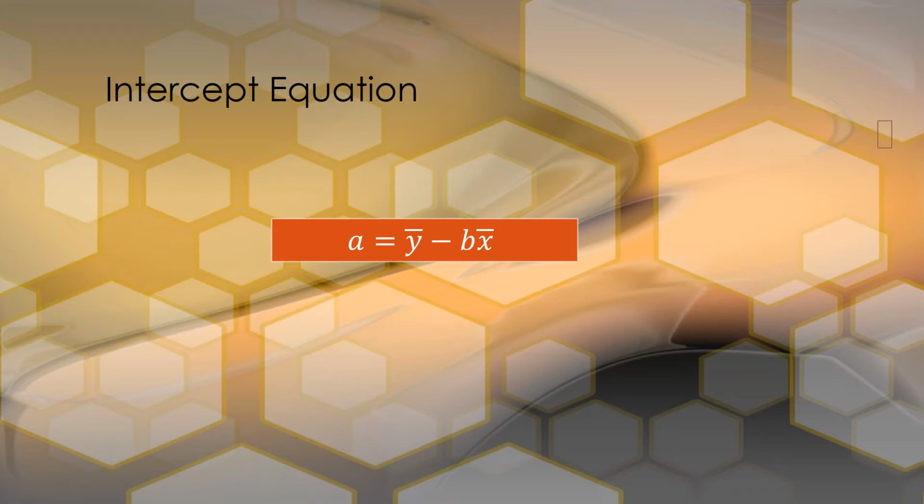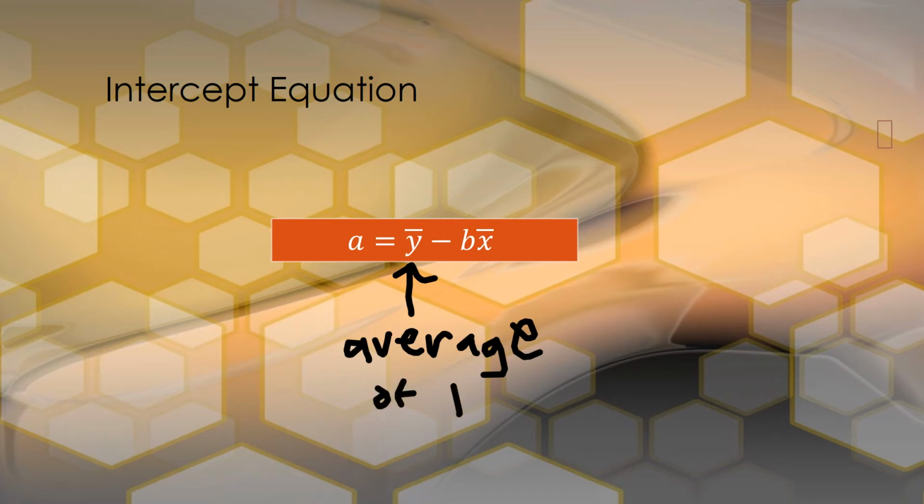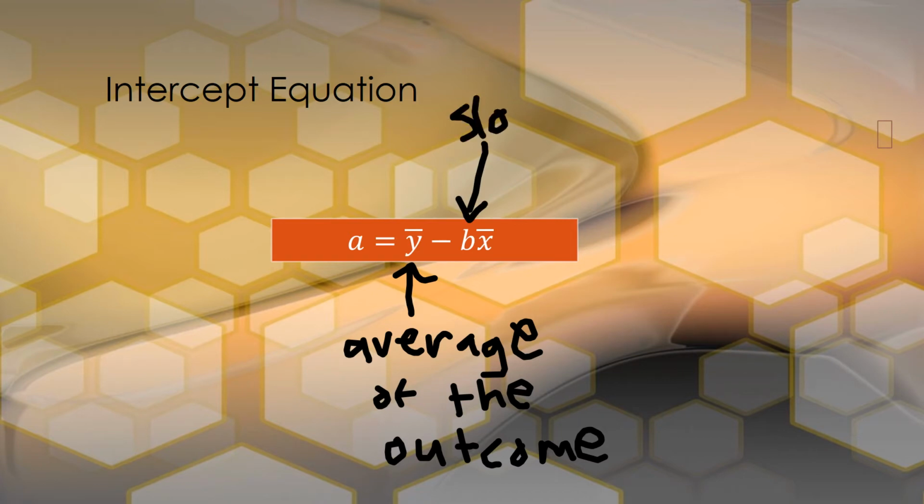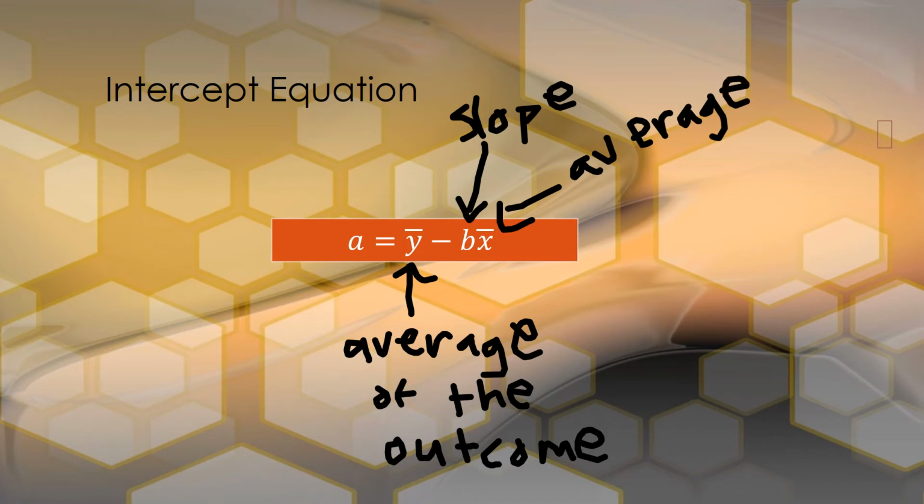So here is the final equation that we're going to use to find the intercept: a equals the average of the outcome minus the slope times the average of the predictor.